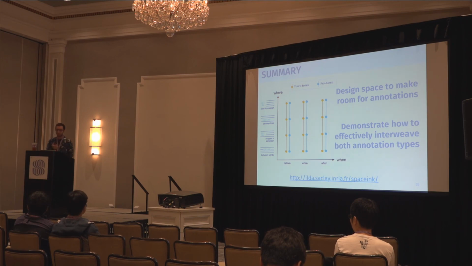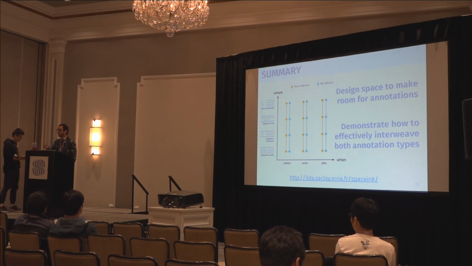Yeah, that's true. That's what we observed with the touch before technique, that people often were unable to estimate the space for the annotation. That's why we created the while touch techniques that make space as long as you write. I'm not sure I get your question, but we designed the while techniques to make space as long as the user writes.